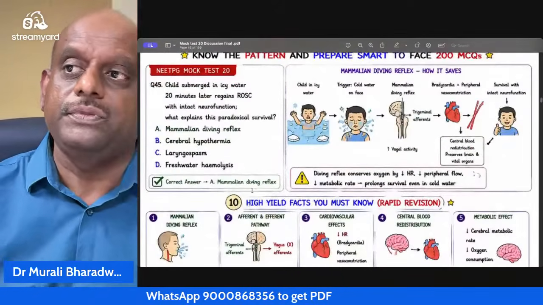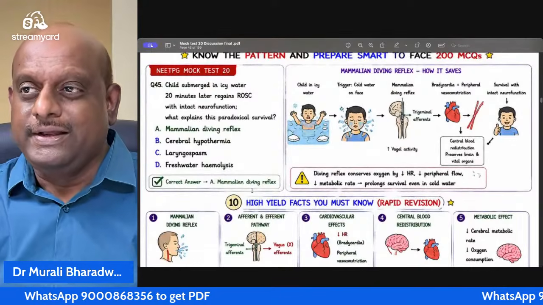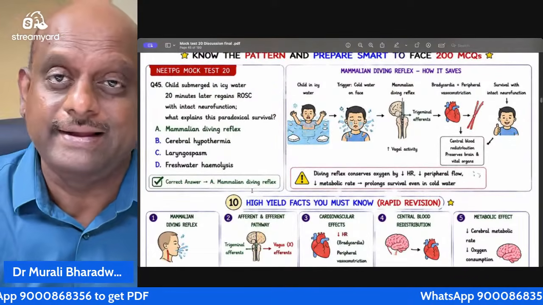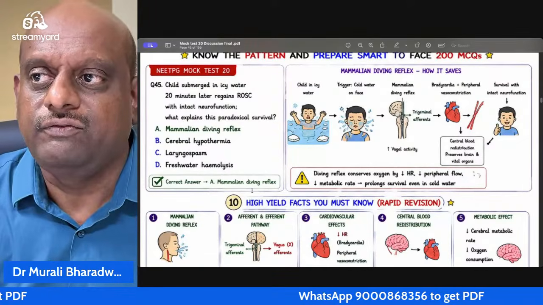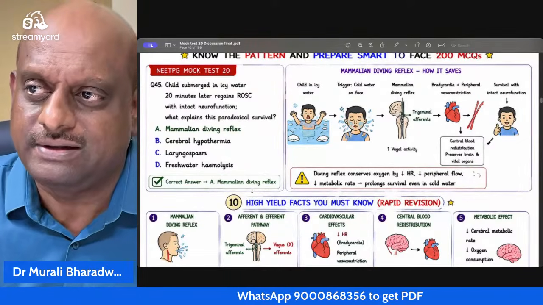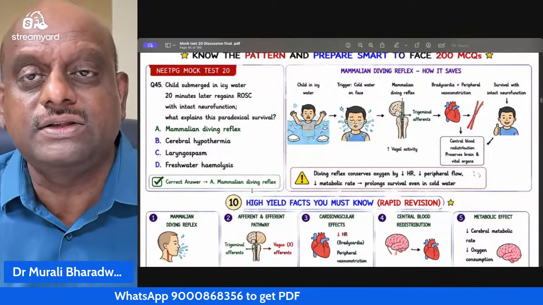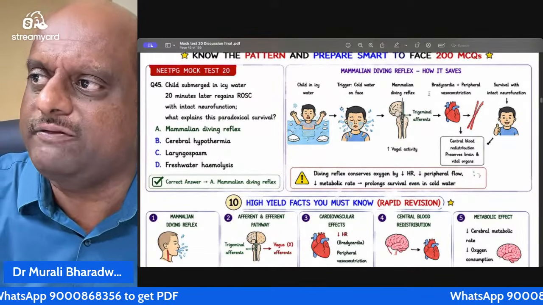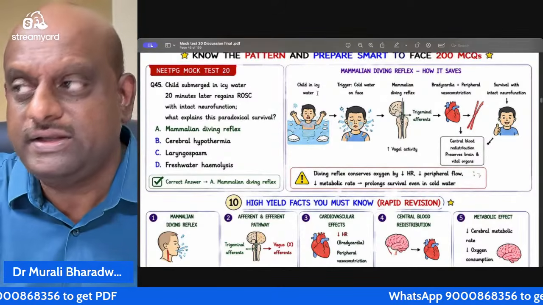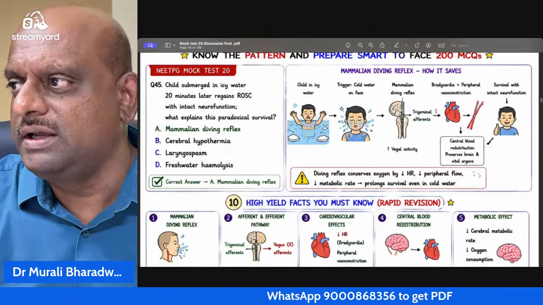A child is submerged in icy water. 20 minutes later, regains consciousness with intact neurofunction. So what explains this paradoxical survival? There is something called mammalian diving reflex. Child in icy water triggers cold water on the face.